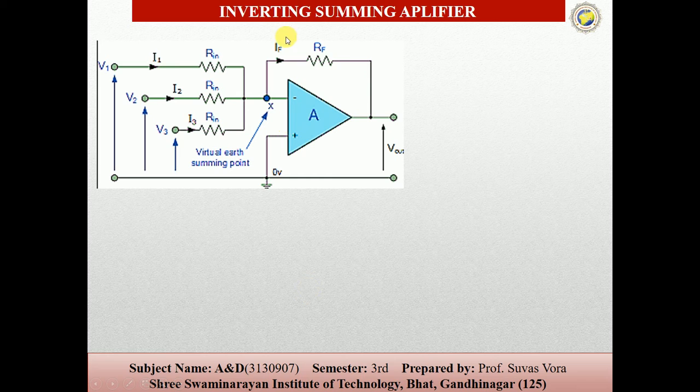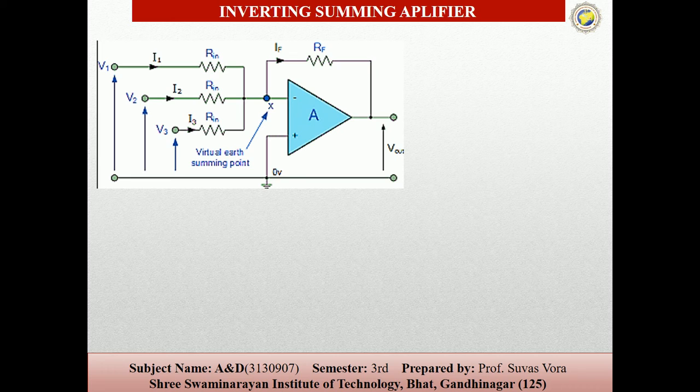Then there is the feedback resistance RF. The inverting summing amplifier is one whose output is the inverted sum of the inputs. Here you can see that V1, V2 and V3 are fed through the resistances R1, R2 and R3.